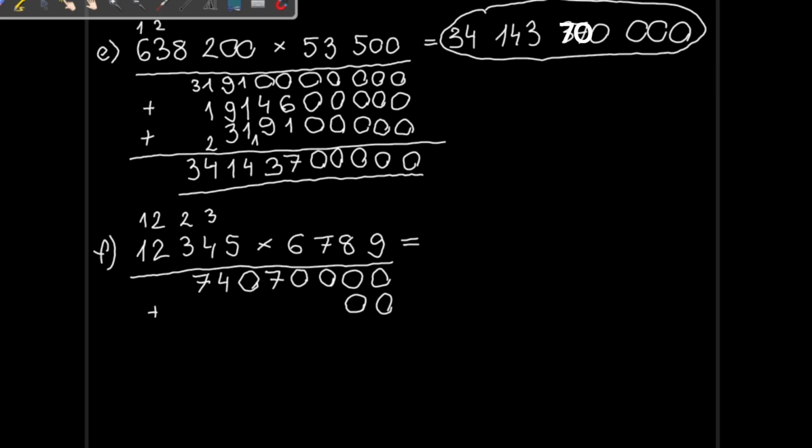Okay, next one. 7. 7 times 5 is 35. 35. 7 times 4 is 28 plus 3 is 31. 7 times 3 is 21 plus 3 is 24. Then we have 14 plus 2, which is 16. And 7 plus 1, which is 8.